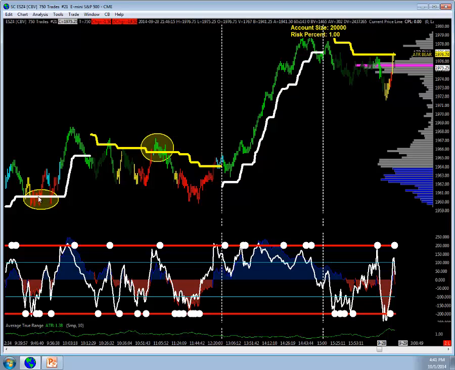That may work perfectly well on time charts, 5-minute, 15, 60, and daily charts, because breaking an ATR line on those charts is a much more significant event.